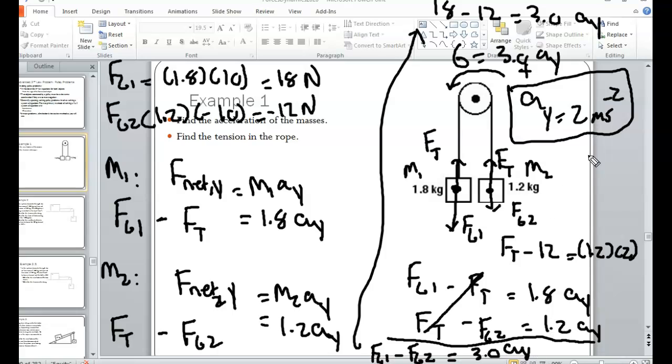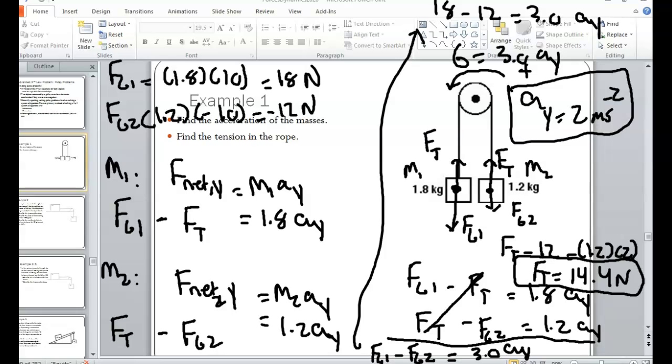I'm just plugging in ay into the second equation, so 1.2 times ay, 1.2 times 2. And then I just need to add 12 to both sides, and I get 14.4 newtons. They both have the same acceleration and the same tension of the rope, and so I'm done. Okay, so pause there.